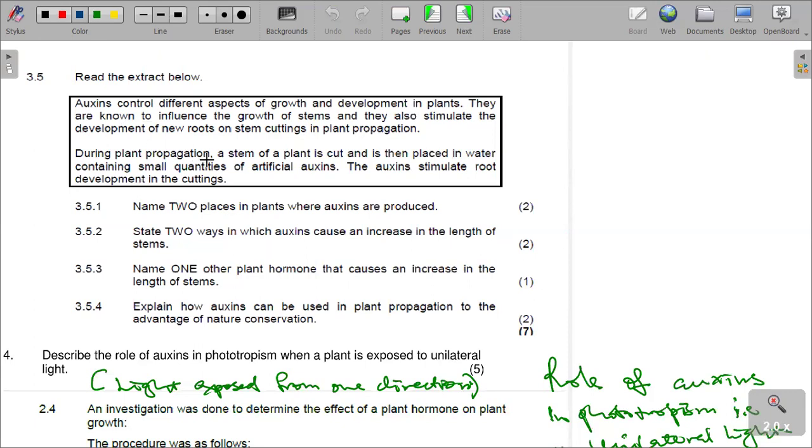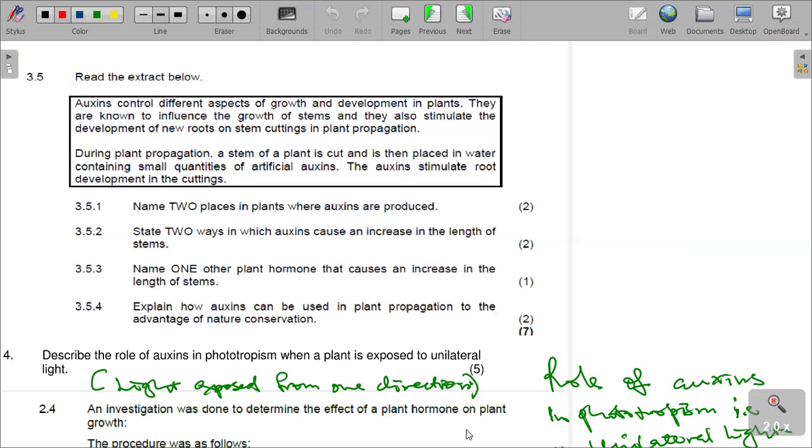During plant propagation, a stem of a plant is cut and then placed in water containing small quantities of artificial auxin, that is auxin that is made in the laboratory. Auxins stimulate root growth development in the cuttings. So this question, let us quickly answer it.